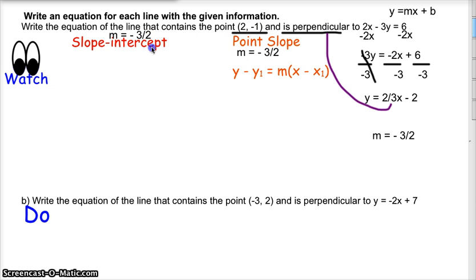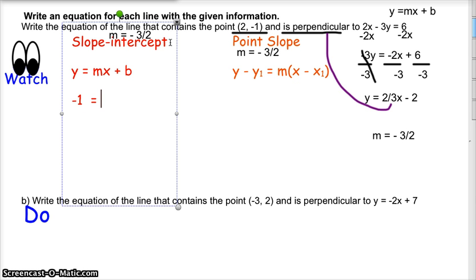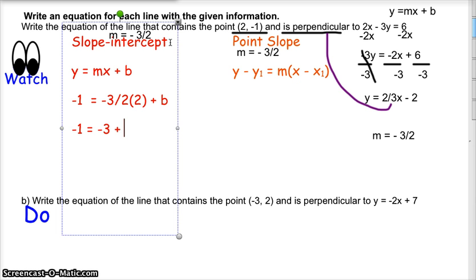Same problem, 2 different ways to do it. Slope-intercept form is y equals mx plus b. The y value is -1. My slope we just discussed is -3/2, times the x value, plus b. -1 equals, this is going to give me -3 plus b.